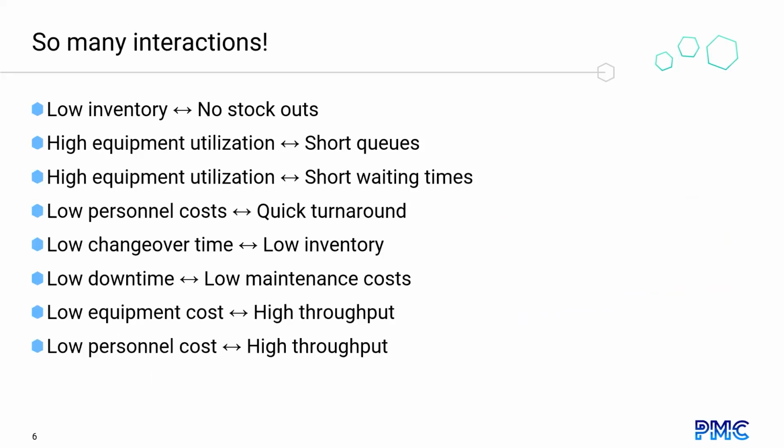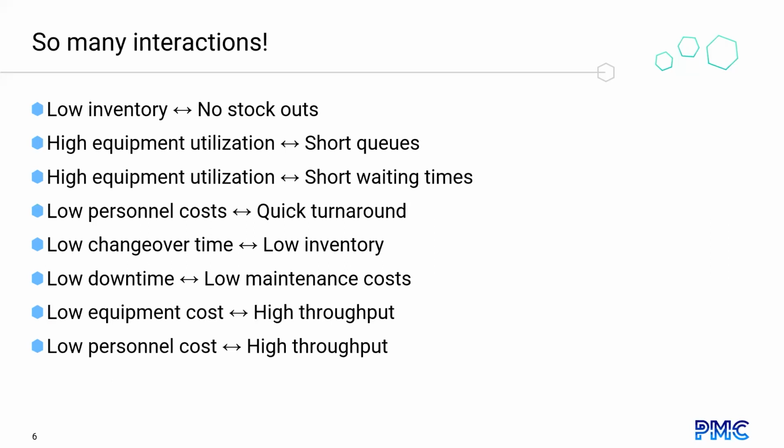And so many of those worthy objectives work at opposites. They are trade-offs. I'd like low inventory, but I don't like it to go down to zero. That's a stock out.